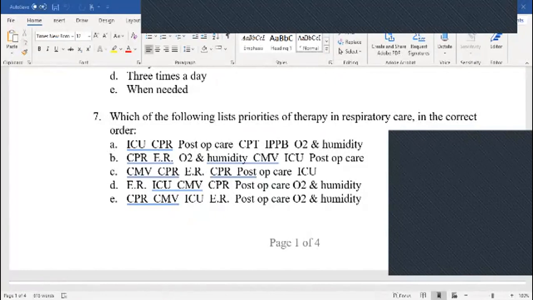So we know CPR is first, right? So the only 2 choices it could be are either B or E. CPR and ER, no. So the answer is E: CPR, CMV, then go to the ICU, then to the ER, and then any kind of post-op care, oxygen and humidity. That's your priorities. Good.